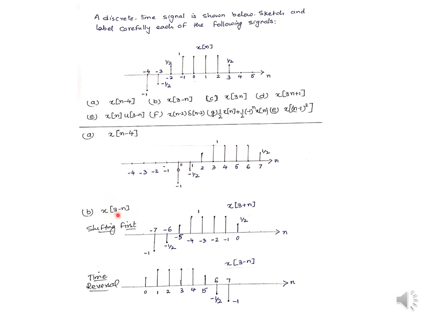Now if we have to shift a signal in the form 3 minus n, you have to again remember this thing. If you want to know the rule, you have to go to the previous lecture on time shifting in discrete and continuous time domain, which says that if we have shifting, scaling and time reversal together, first of all you have to do the shift, then you scale, and then you bring the time reversal.